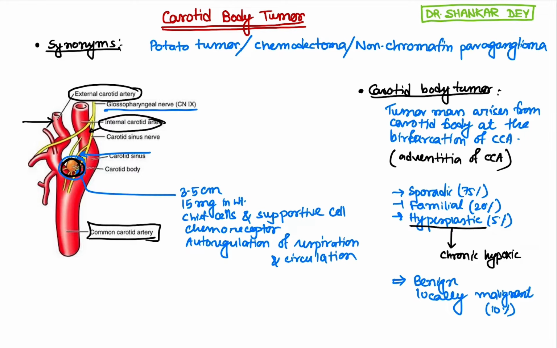But in 20% cases, it can spread to regional lymph nodes or lung. So in most cases it is either benign or locally malignant, but in 20% cases it can spread to regional lymph nodes or lung.